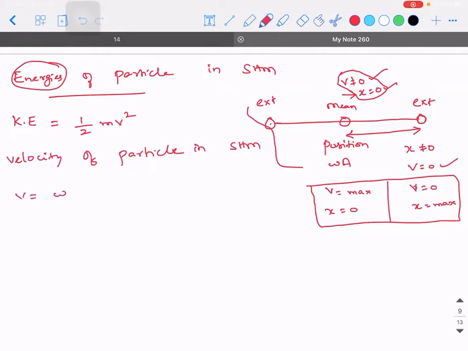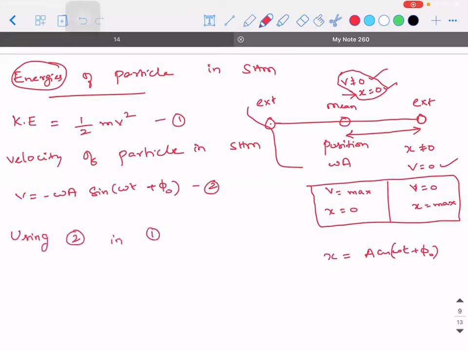V is equal to omega A into, if I take the displacement of the particle in terms of x is equal to a cos omega t, or I'll take it as a cos of omega t plus phi naught, then V is omega A times sine of omega t plus phi naught with the minus sign. Right? So using 2 in 1, what do we get?